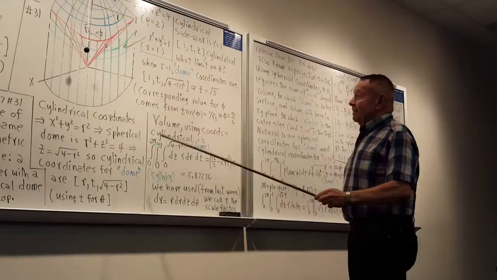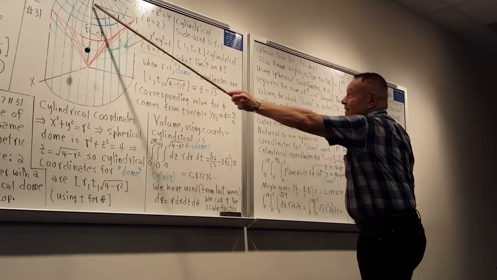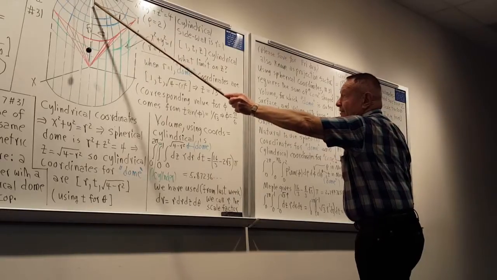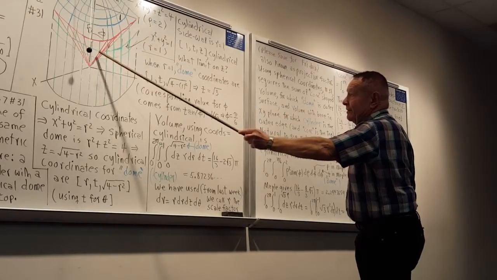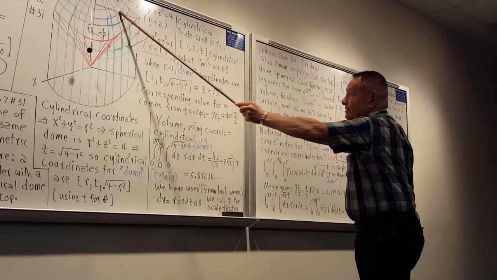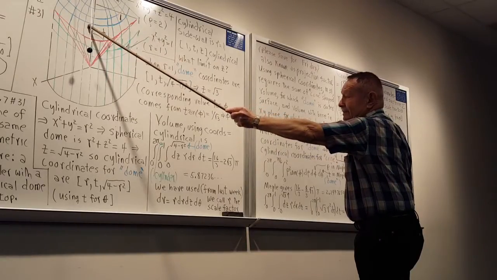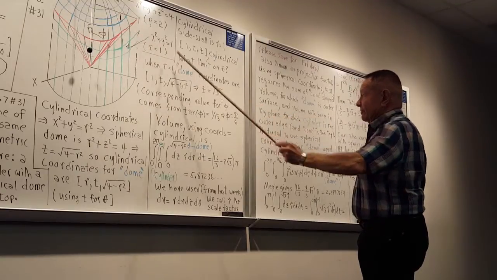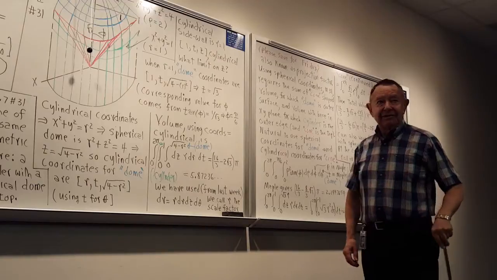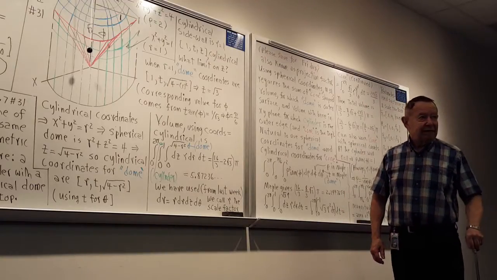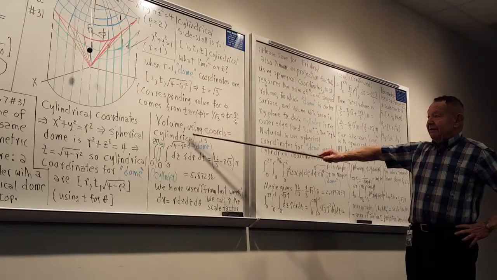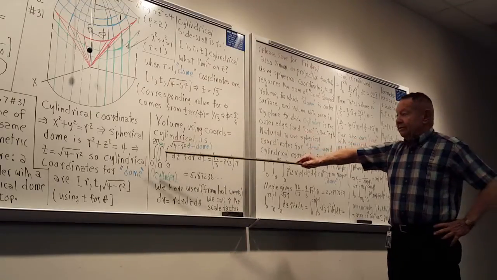At this point your radius is 1 and your height is root 3, so the tangent of phi is opposite over adjacent, 1 over root 3, and so that's 30 degrees, so pi over 6.